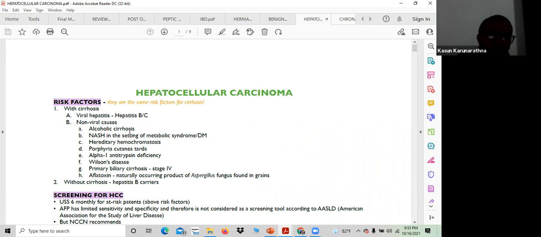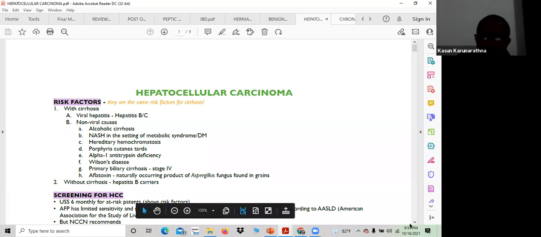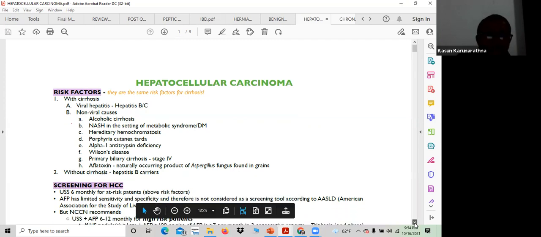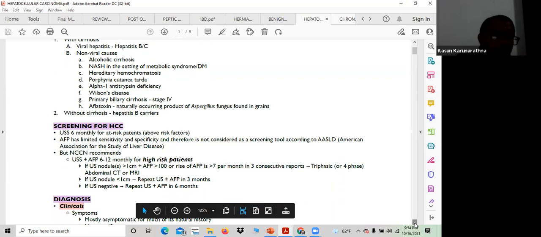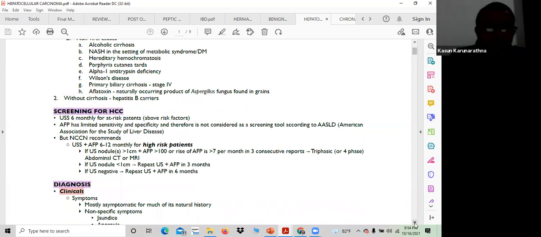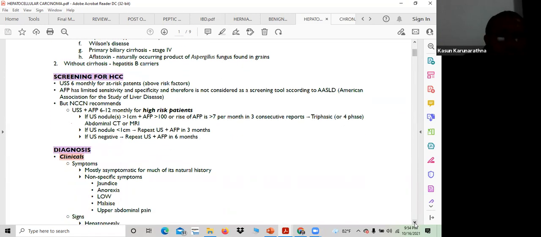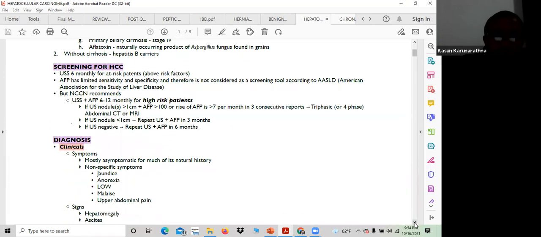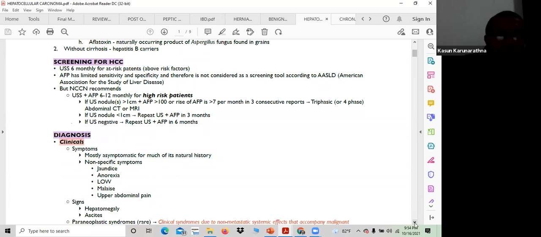Non-viral causes: alcoholic cirrhosis, NASH, hereditary hemochromatosis, porphyria cutanea tarda, Wilson disease, primary biliary cirrhosis and aflatoxins. So many causes. And AFP, alpha fetoprotein, is used as a tumor marker in screening, right?